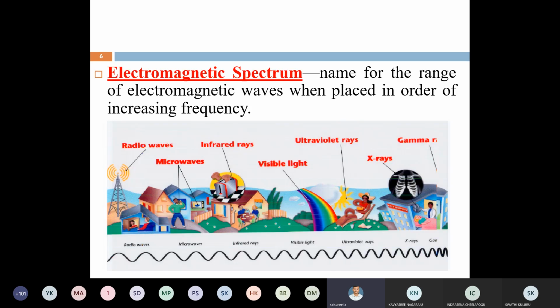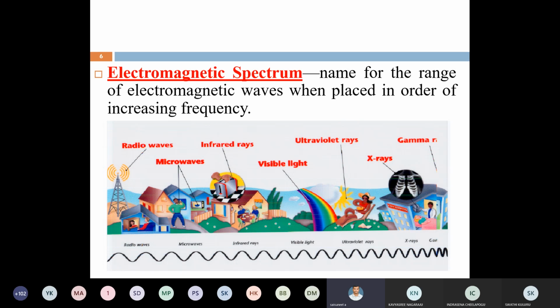See this figure, the electromagnetic spectrum. First of all, we don't discuss the frequency ranges; first we discuss the names. The electromagnetic spectrum is the name for the range of electromagnetic waves when placed in order of increasing frequency. In the figure, we have radio waves.